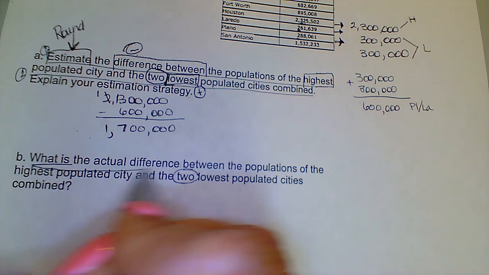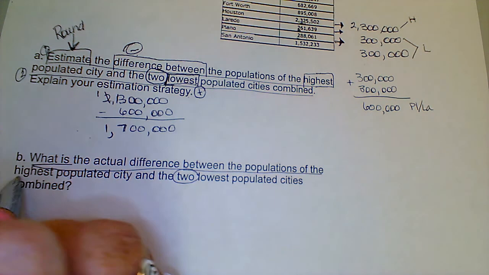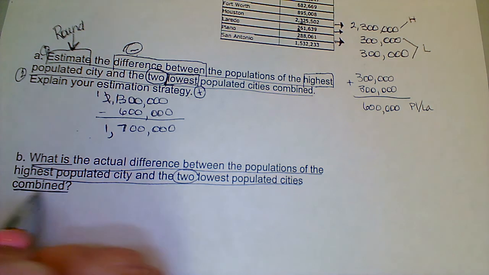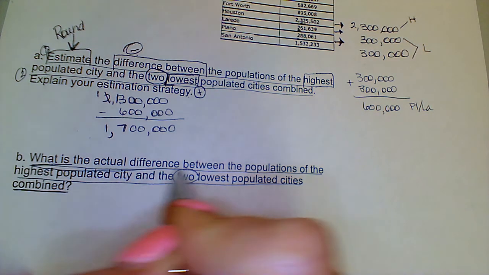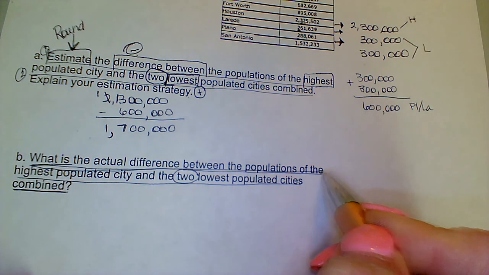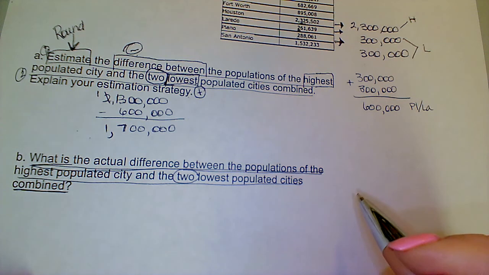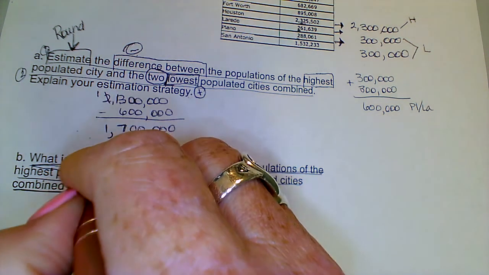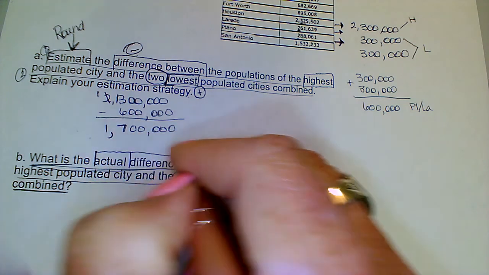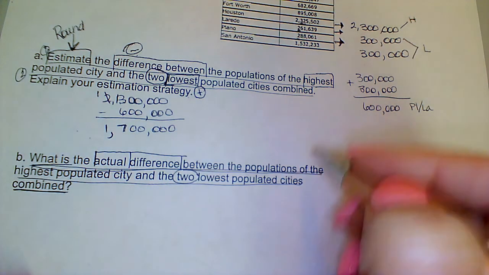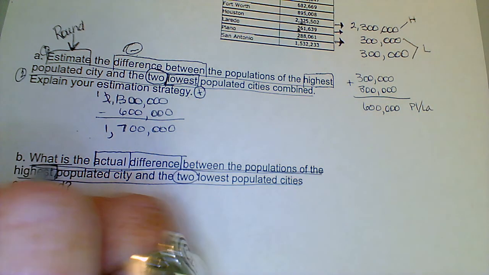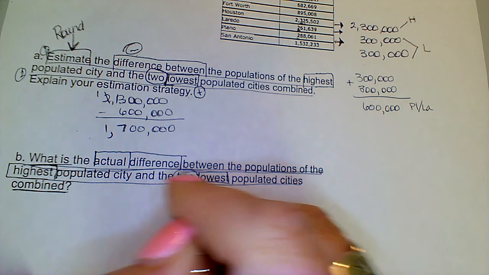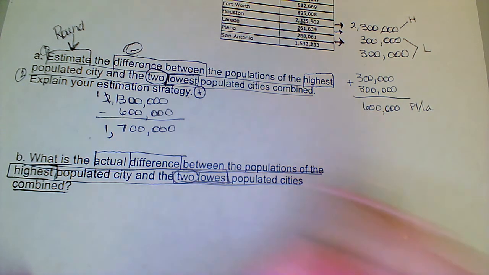We are going to underline the question. Remember, in larger word problems, the question isn't everything we're reading. Sometimes it's factual information and then a question, and all we want to underline is the question. Got it? Here we want to know the actual difference, okay, between the highest populated and the 2 lowest populated.